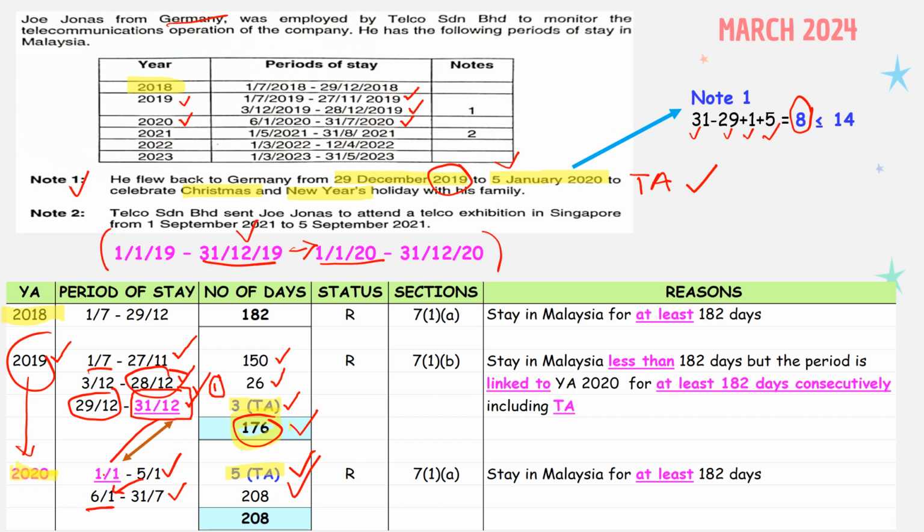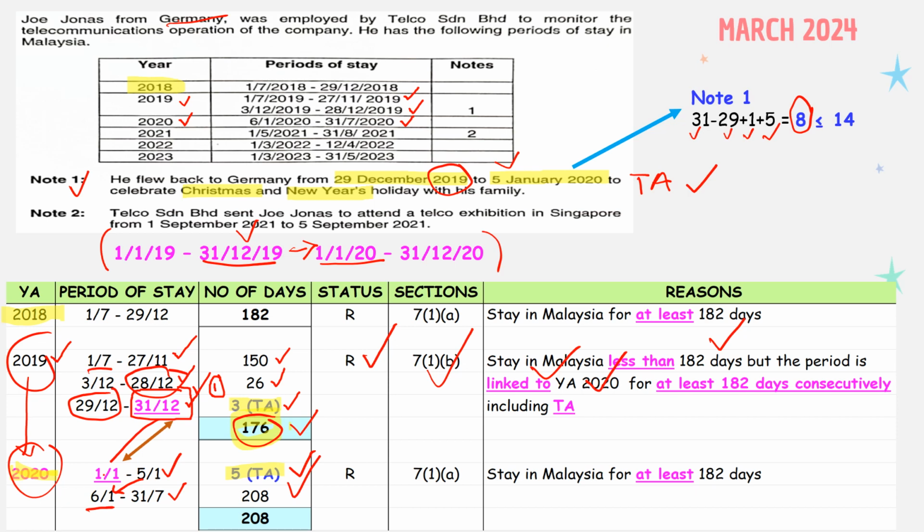So what happened to 2019? That's why it will be resident under section 7, subsection 1B. How do we give the reason? Exactly like the definition: stay in Malaysia less than 182 days, one tick. But the period is linked to which year that we need help from? 2020. Mention it here, YA 2020, 2 marks.